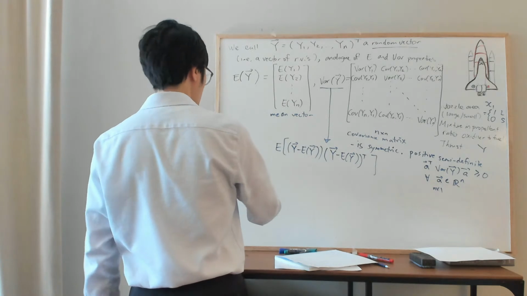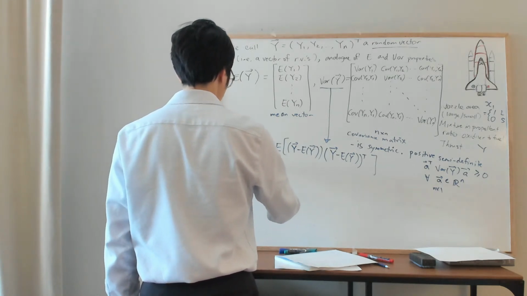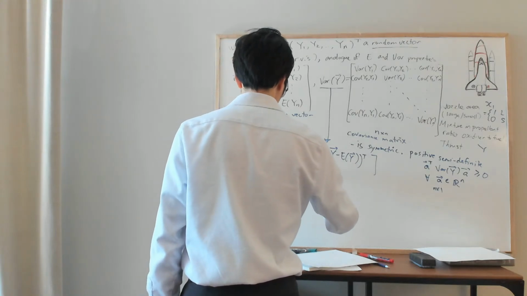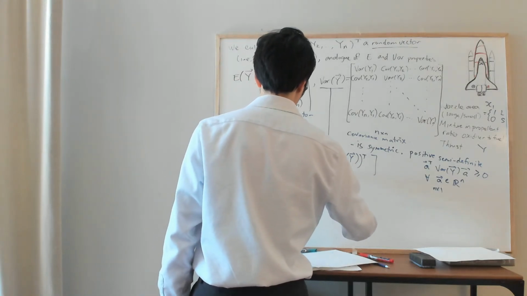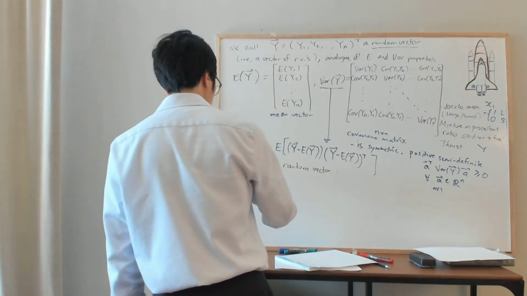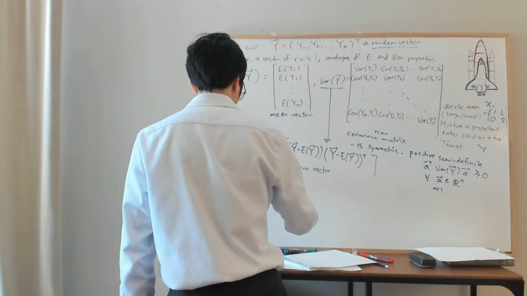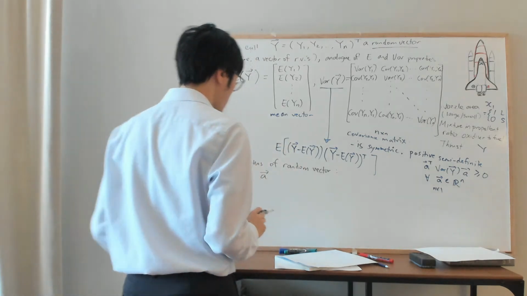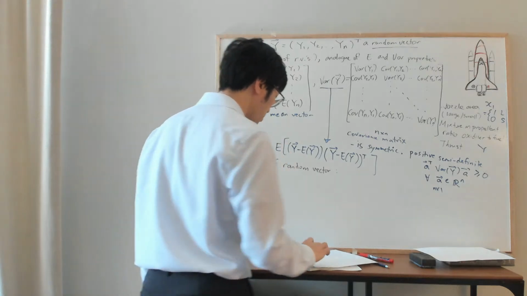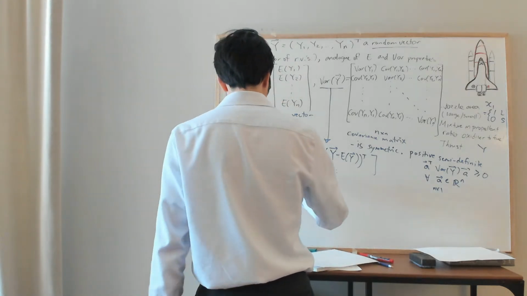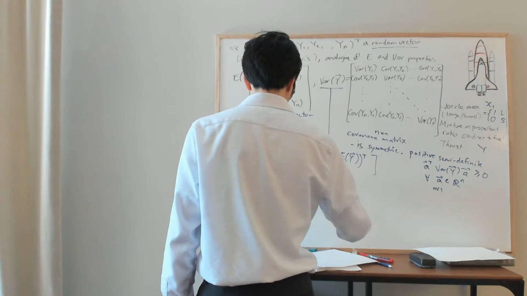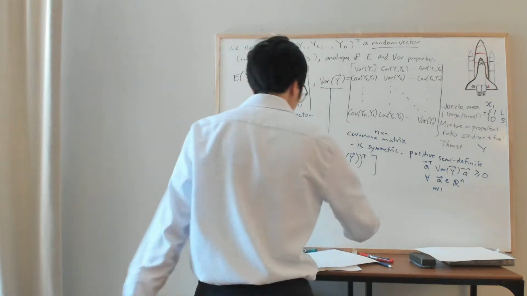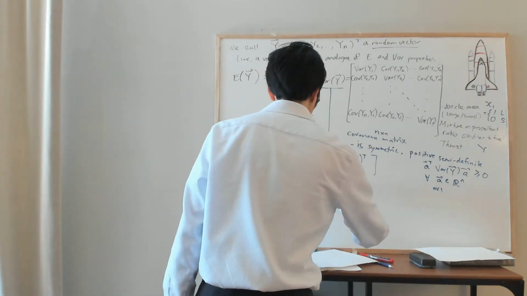Okay, so properties of a random vector. Let vector A be a 1 by n vector of constants. In particular, I'm specifically defining it as a row vector.